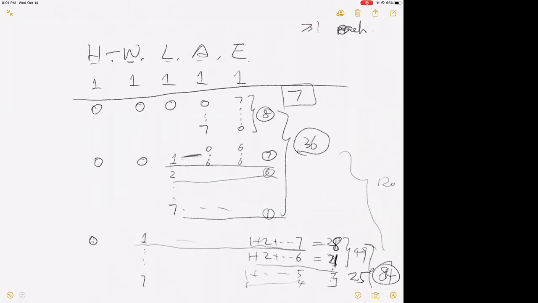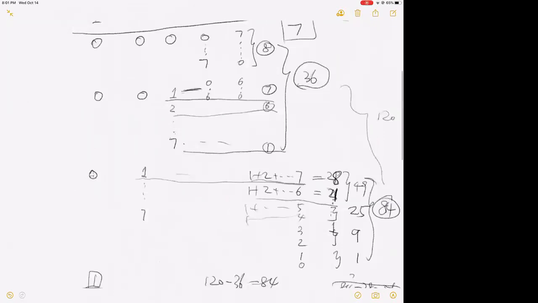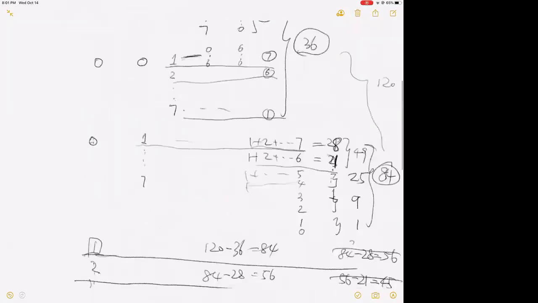Okay, so can I just do this? And then we have v equals 12 minus h plus w plus l plus a. I can't see your writing for some reason.